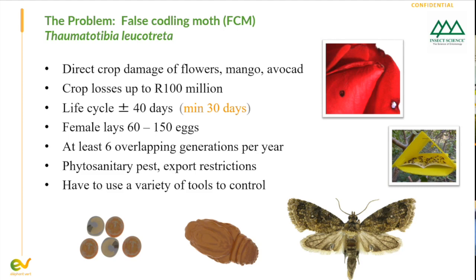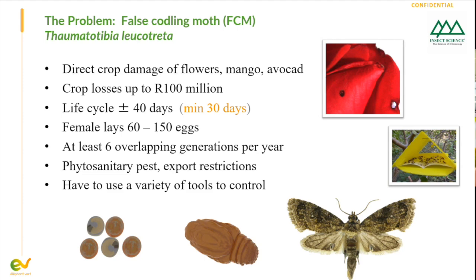So in citrus in South Africa, we know it has 6 generations per year, but that's because we've got winters in South Africa and the temperature drops, causing a break in its development. However, in Kenya, and especially in roses, with the temperatures remaining high, it doesn't go into any breaks of that generation cycle, and we can have up to 12 generations in flowers per year.